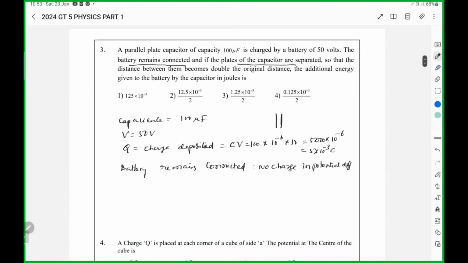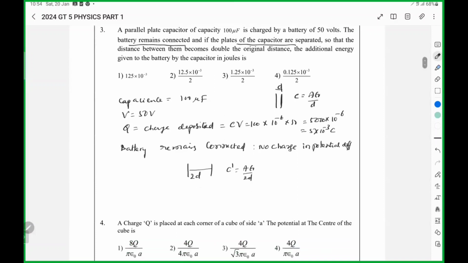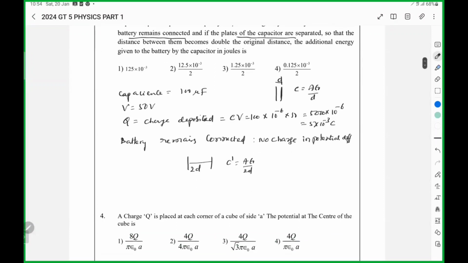The plates of the capacitor are separated so the distance becomes double the earlier. The capacitance is A epsilon naught by d, which becomes A epsilon naught by 2d. So the additional energy has to be given to the battery by the capacitor.